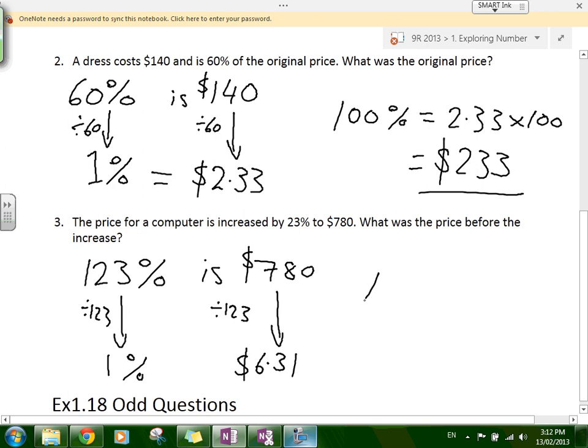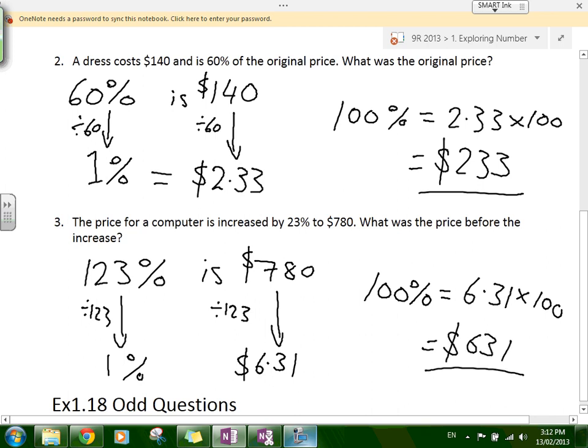So to find 100%, it equals $6.31 times 100, which is equal to $631. Okay, 6.4, whatever it is, that's fine, thank you.